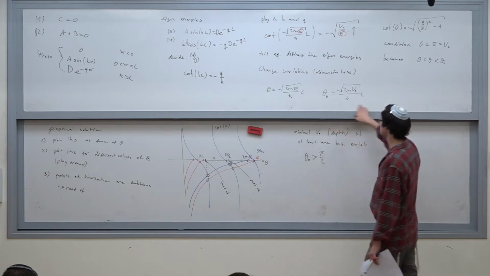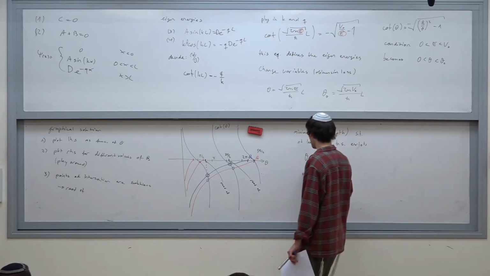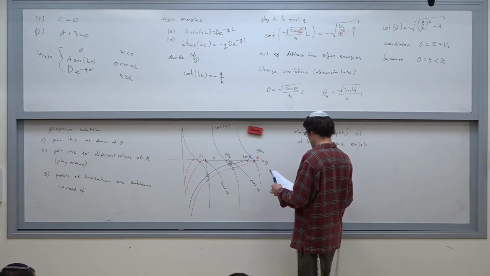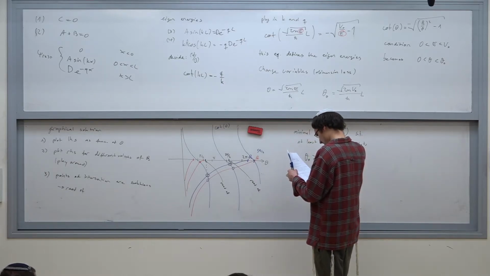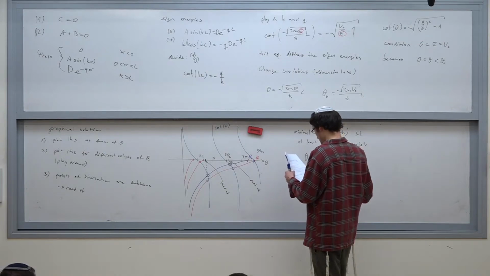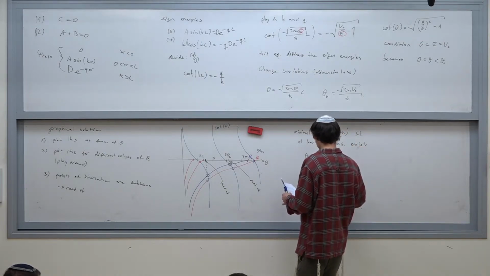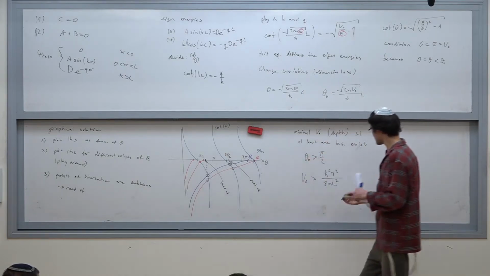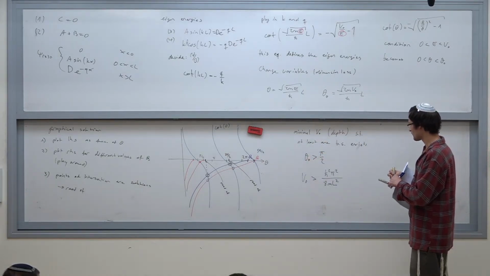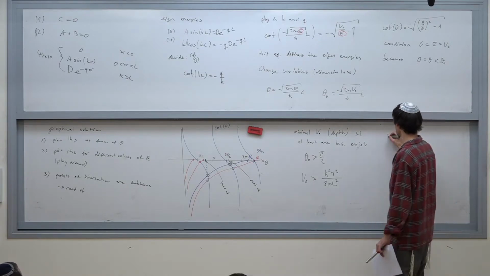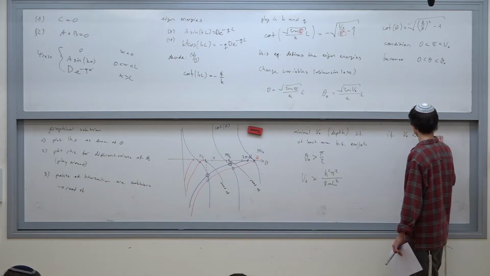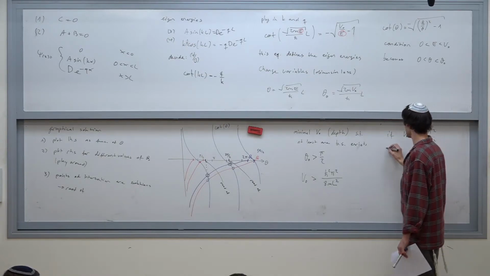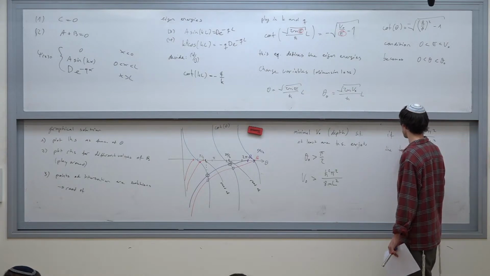So we plug this back into the definition of theta zero. We find that the minimal V0 must be larger than this value for a bound state to exist. So if V0 is smaller than this value, the potential is too shallow for a bound state to exist.